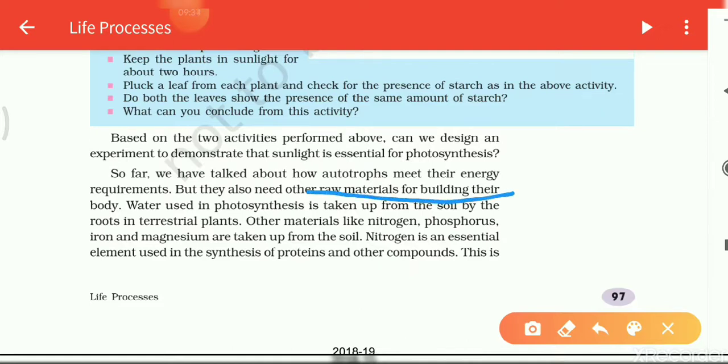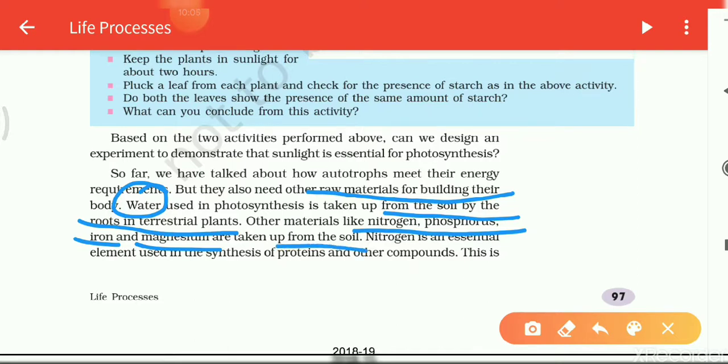Water is used in photosynthesis, which is taken from the soil by the roots in terrestrial plants. Terrestrial plants are those plants which are found on land. And other materials like NPK, that is nitrogen, phosphorus, potassium, iron and magnesium. These are all minerals taken from the soil.